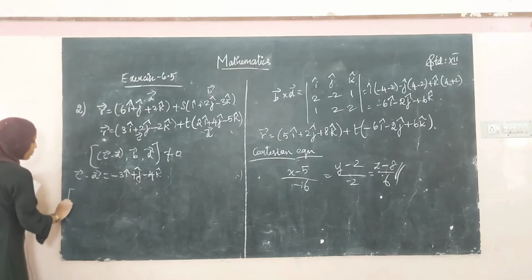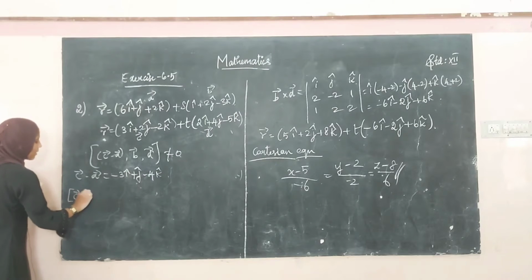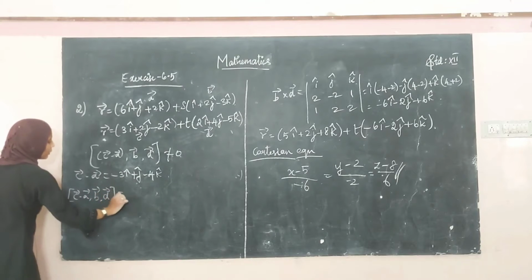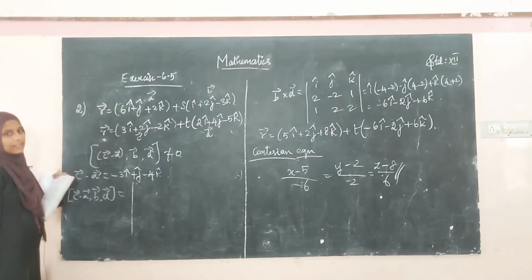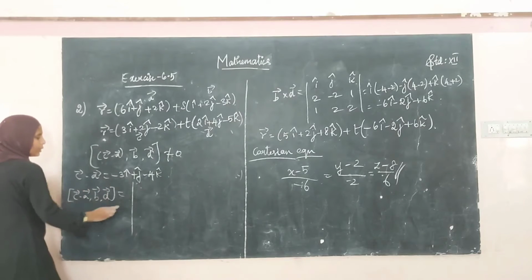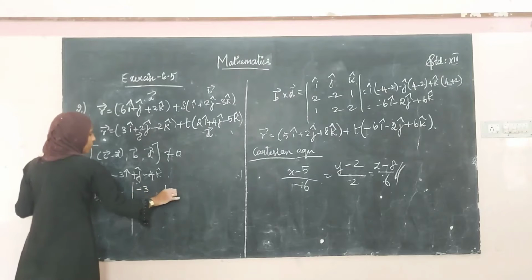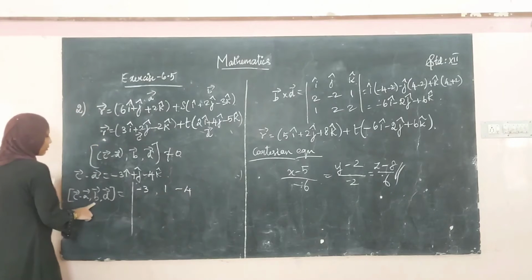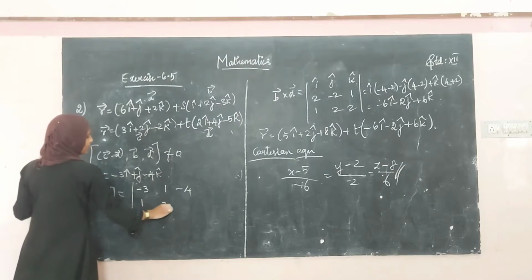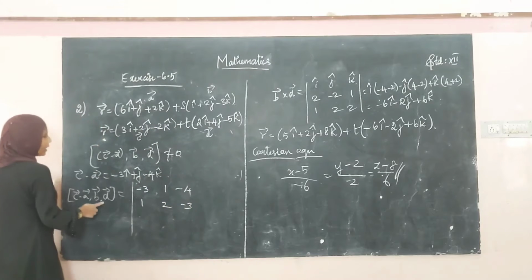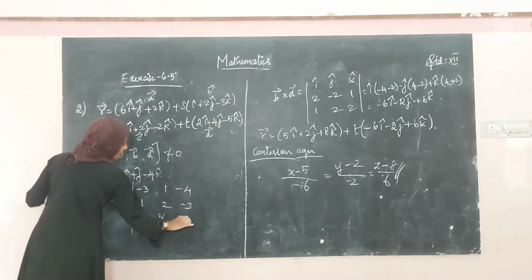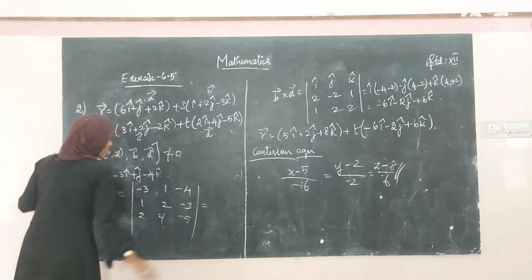Now we have to find the box product of c vector minus a vector, comma b vector, comma d vector, which is equal to the determinant. The coefficients of c vector minus a vector in the first row: minus 3, 1, minus 4. Coefficients of b vector in the second row: 1, 2, minus 3. And then coefficients of d vector in the third row: 2, 4, minus 5. Now we have to compute this.